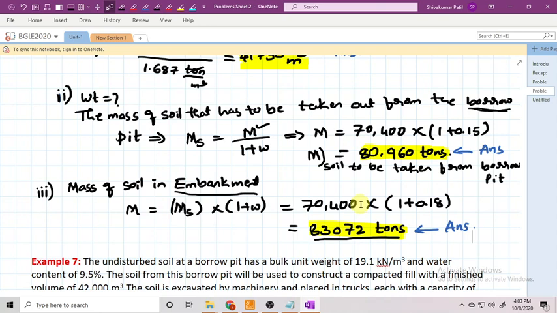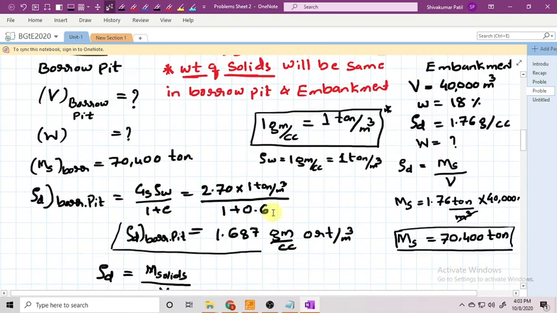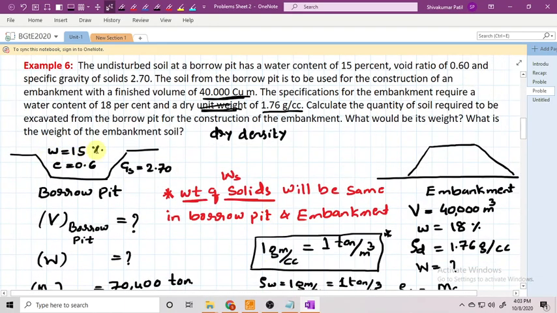Okay, so around 2,112 tons is the difference of the weight between your borrow pit and embankment. So this 2,112 ton, from where is it coming? From water. Why water? Because you see the water content earlier it was just 15%.